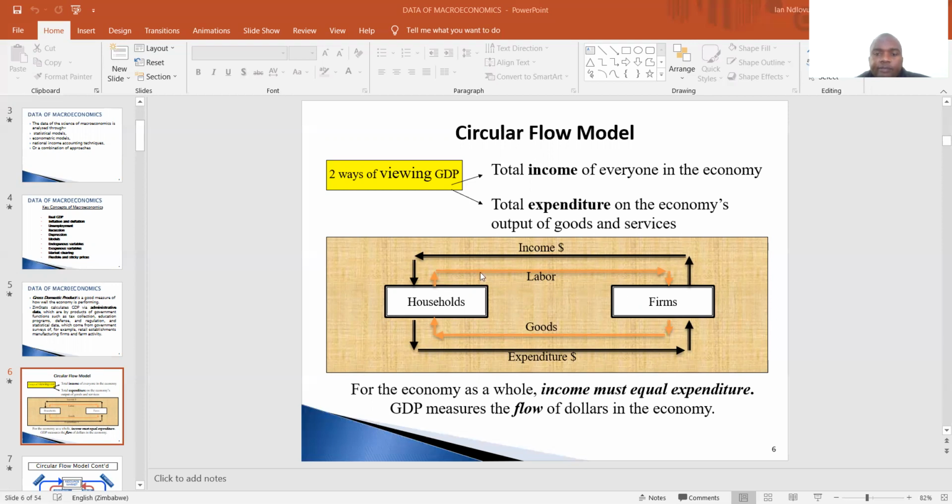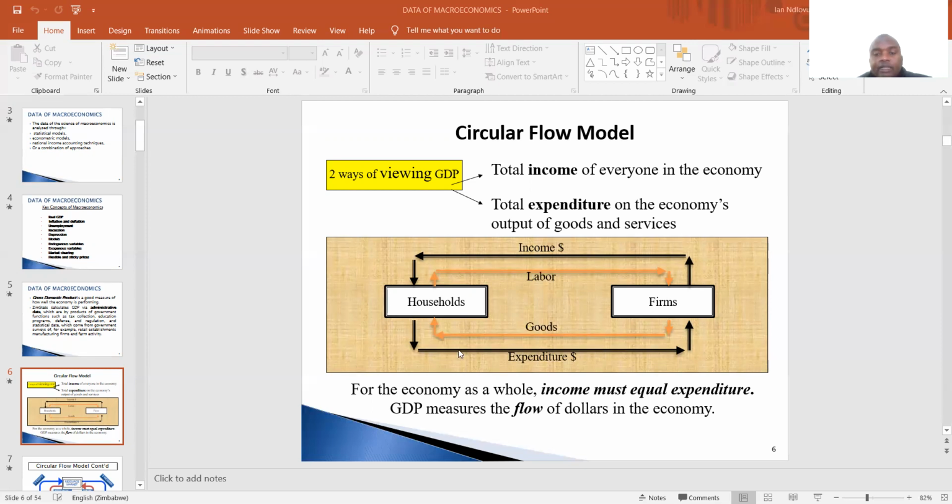In turn, firms are production units; households are consumption units and factor supplying units. Firms are production and good supplying units in the economy, in the scheme of things in the economy. Firms supply goods and services, which in this case are represented by goods.